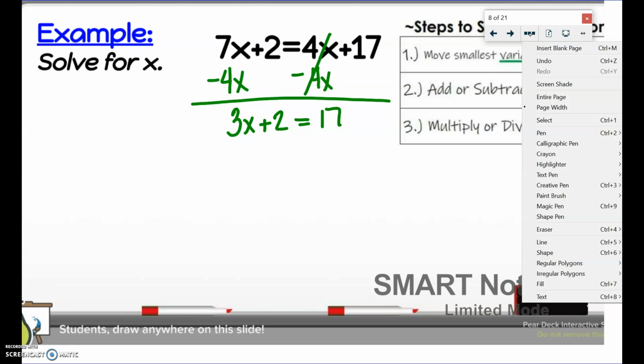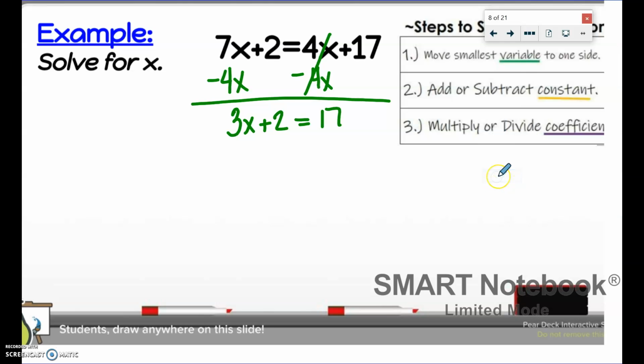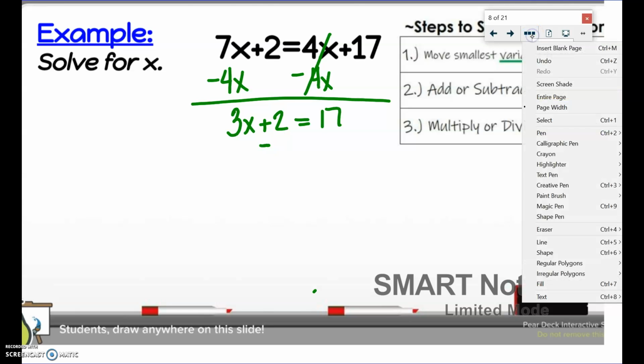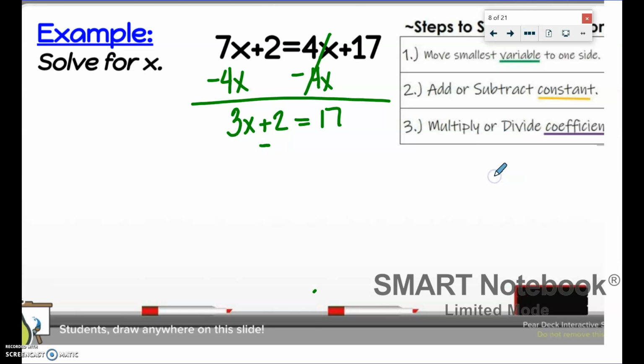Now the next step that I am going to do, I am going to add or subtract my constant. Well, 2 is my constant. I'm adding it, so I'm going to subtract. We're going to do that in yellow. So I'm going to subtract 2 on both sides. Okay.